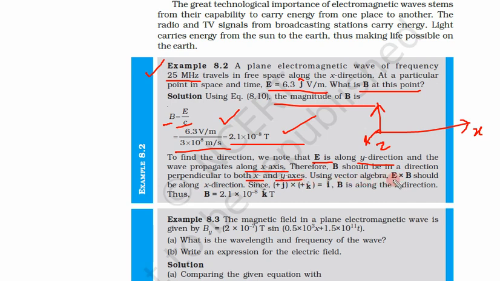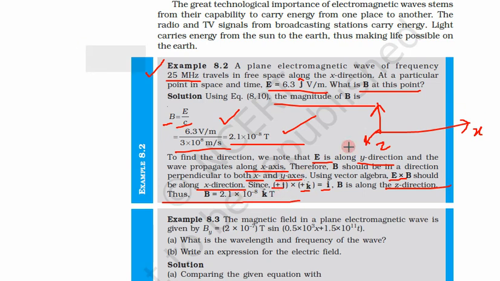Using vector algebra, E cross B should be along the x direction, since j cross k is equal to i. B is along the z direction. Thus B is equal to 2.1 into 10 to power minus 8 k Tesla.